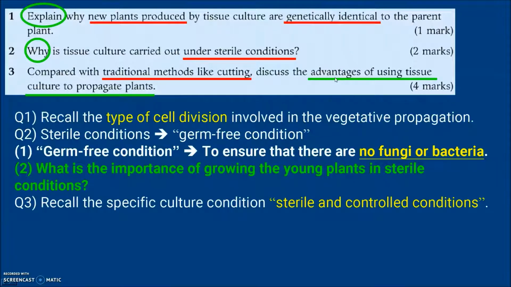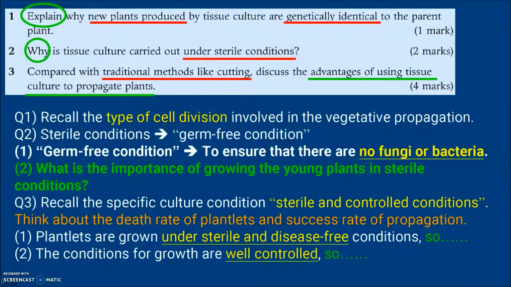The hint is that I want you to recall the specific culture conditions in tissue culture, sterile and controlled conditions. After that, think about the death rate of the plants and also the success rate of the propagation. Why do we use a particular method rather than another one? Because this method will not easily make the organism die, or the chance of success is high. So at least that's why we choose one method rather than another one.